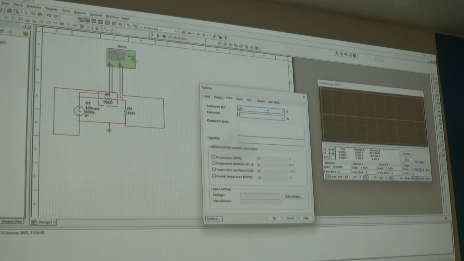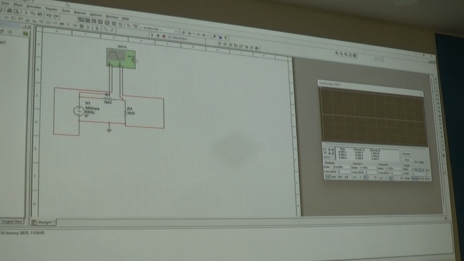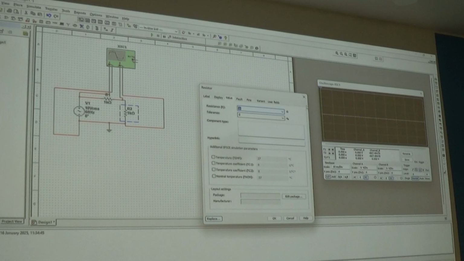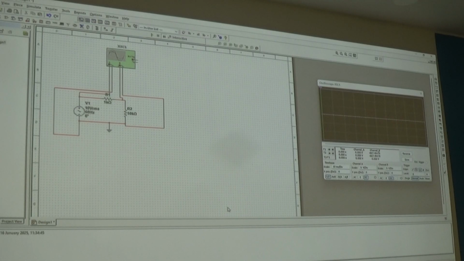So, I've got 1k in there. Oops, I'm still running the simulation, always do that. And I put 10k in here. Okay, someone tell me what's going to happen there. Same thing is not the right answer.